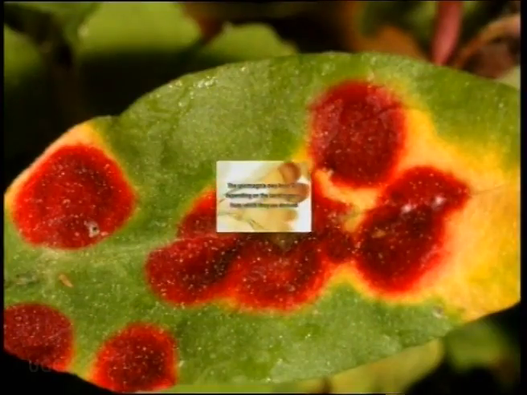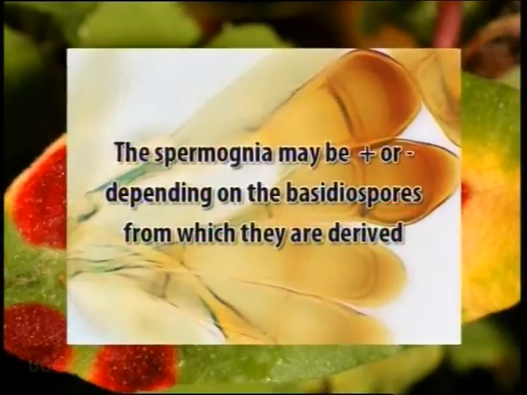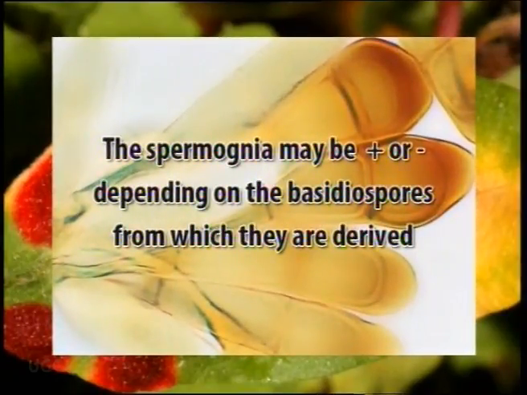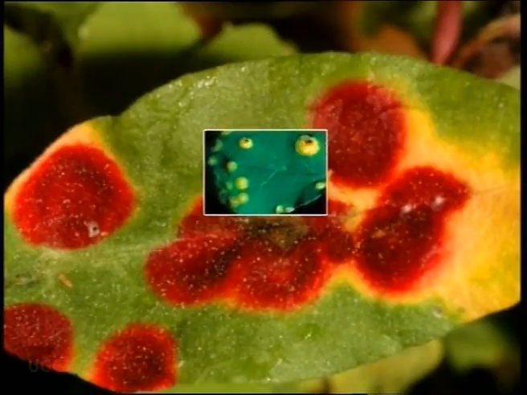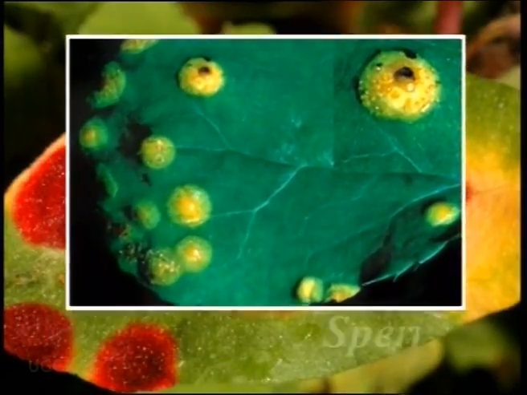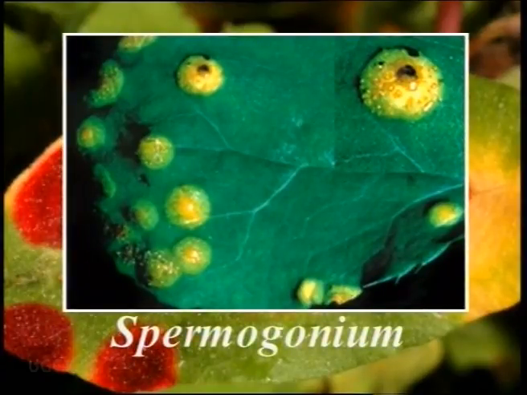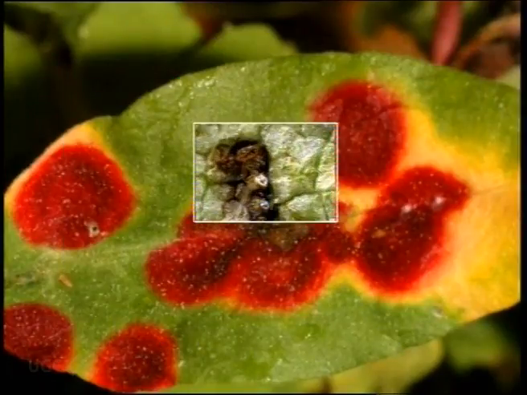The spermagonia may be plus or minus strain depending on the basidiospores from which they are derived. A mature spermagonium is an oval to flask-shaped pustule projecting from the surface of the leaf by a pore-like opening, the ostiole.